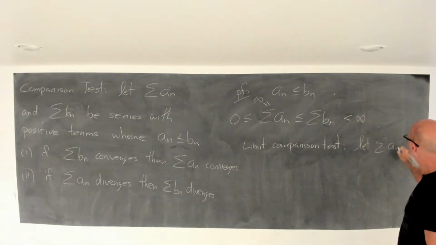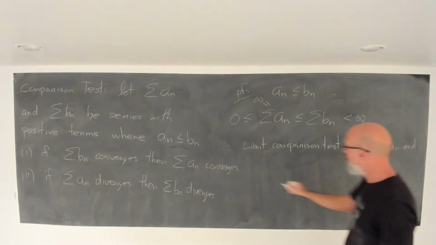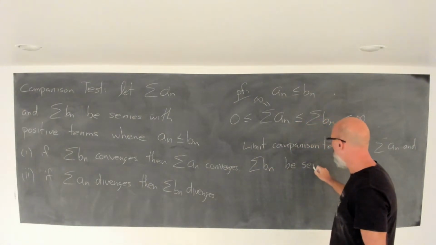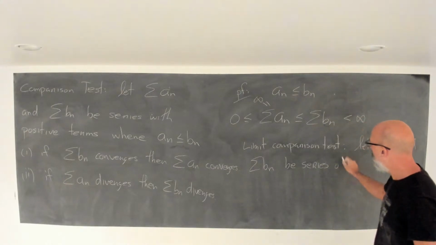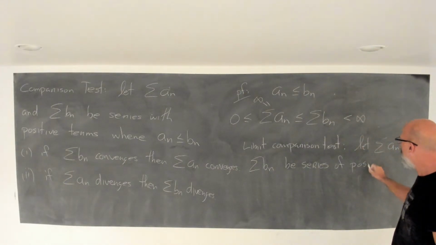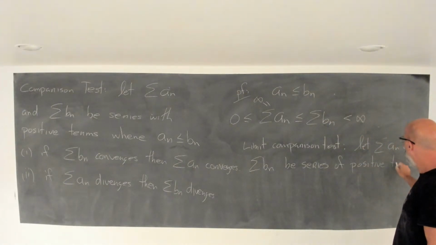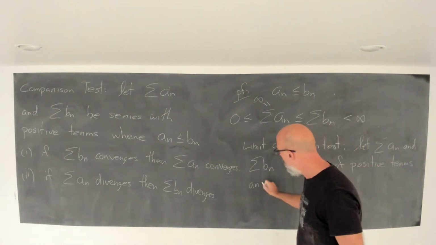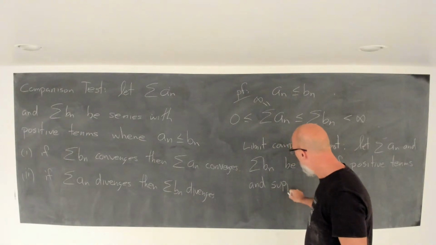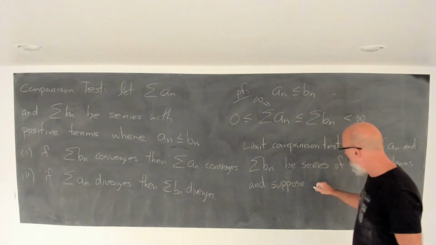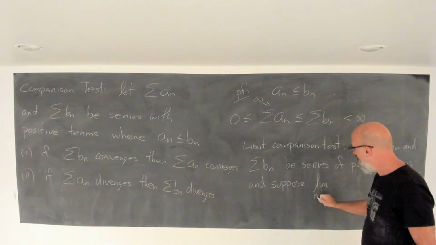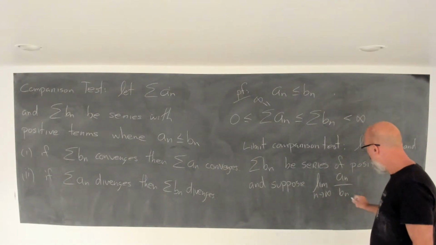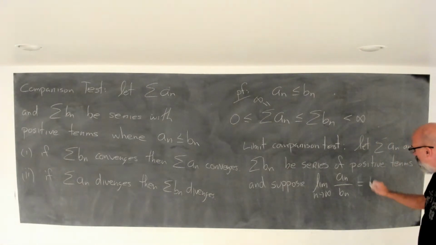Let a_n and b_n be series of positive terms, and suppose the limit of one divided by the other exists.